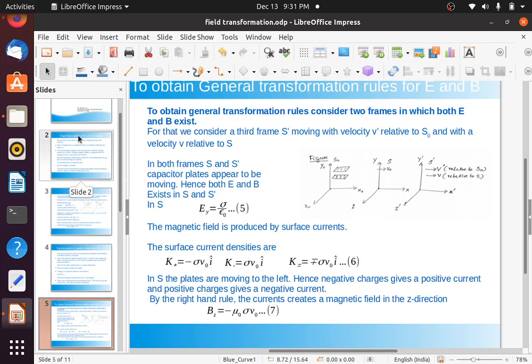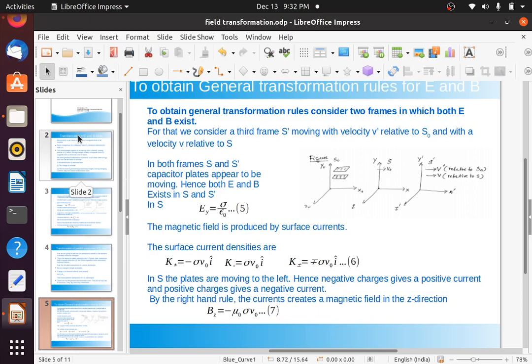Also you can show that the surface current density due to the positive plate is K plus equal to minus sigma V0 i, and the surface current density due to the negative plate is K minus equal to sigma V0 i.